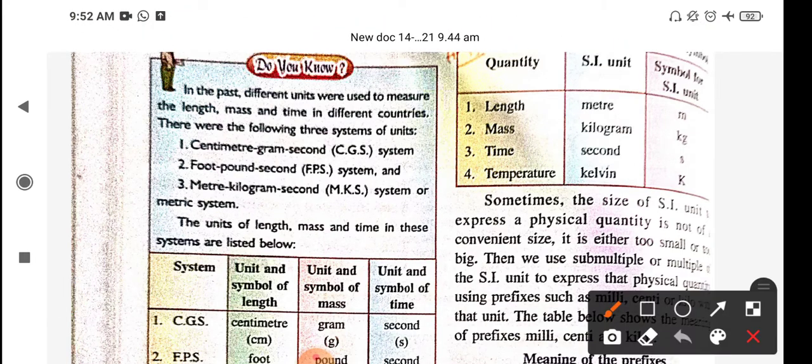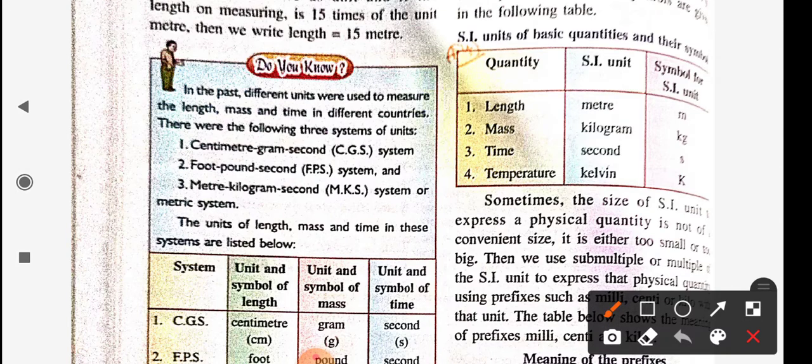See, here the first quantity is length. In our previous video we already discussed it, but now again, the SI unit of length is meter, and the symbol is small m. Next, the quantity is mass, the SI unit of mass is kilogram, and the symbol we write is kg, small k and g.